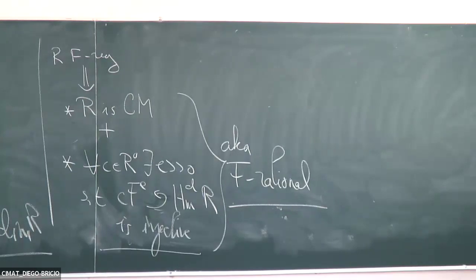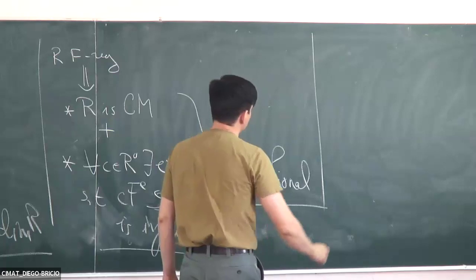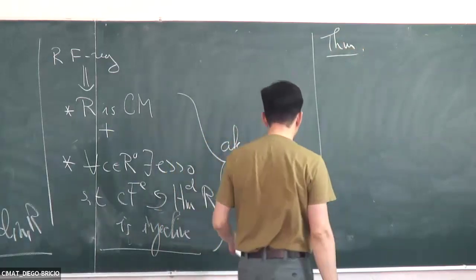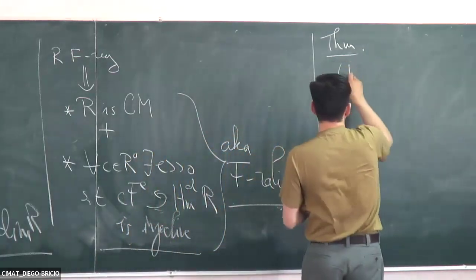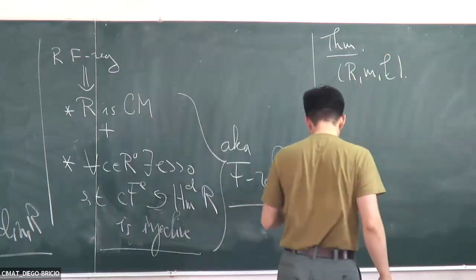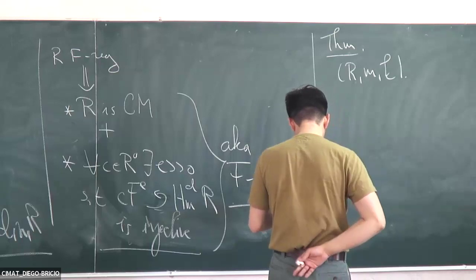But actually, at this point, you should be able to prove a better version of this. So the theorem that you can prove as an exercise is that if you take, what do I need here? Do I need logo for this?